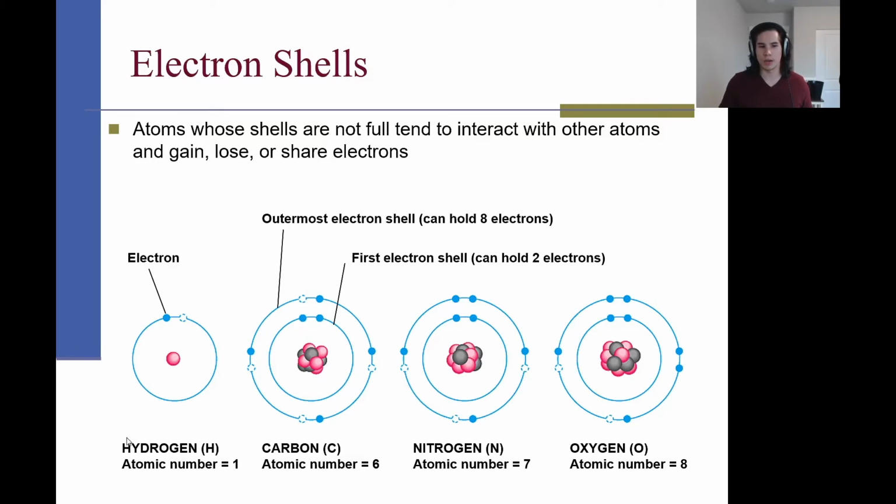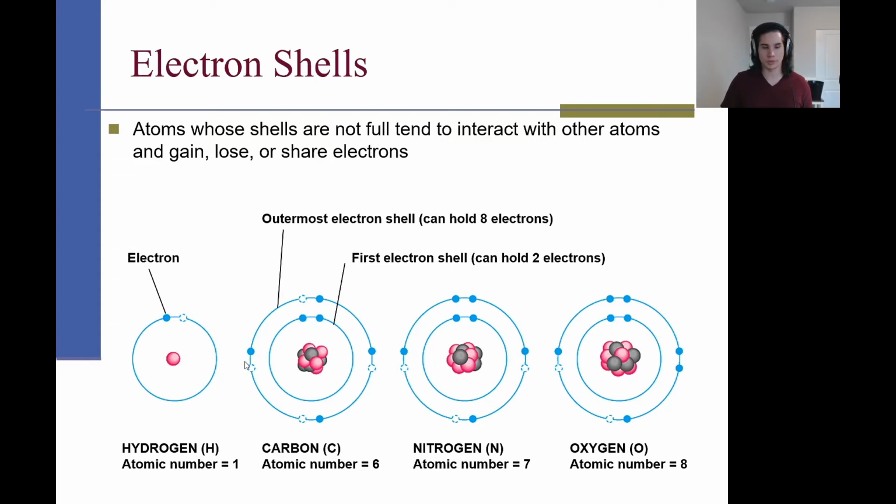If we're talking about hydrogen, remember, we've got 1 proton, and in their neutral state, they will contain 1 electron. And so this hydrogen can relieve itself of its electron, or it could gain an electron, or it could share its electron. And we'll talk about that when we get to covalent bonds.